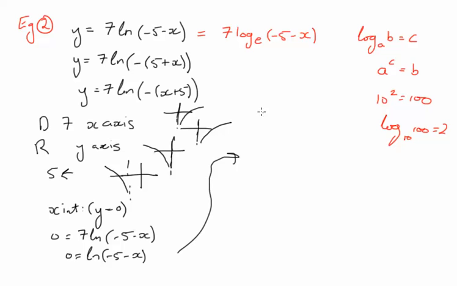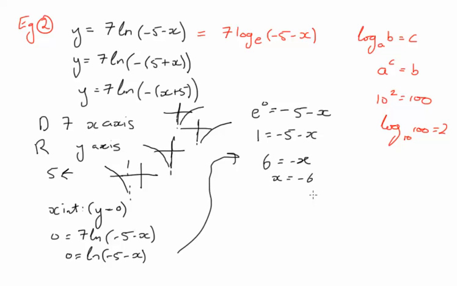Let's use the rule. So that's going to be e to the power of 0 equals negative 5 minus x. Anything to the power of 0, provided it's non-zero, is 1. Ta-da! And then we're going to add 5 to both sides. 6 equals negative x. x equals negative 6.